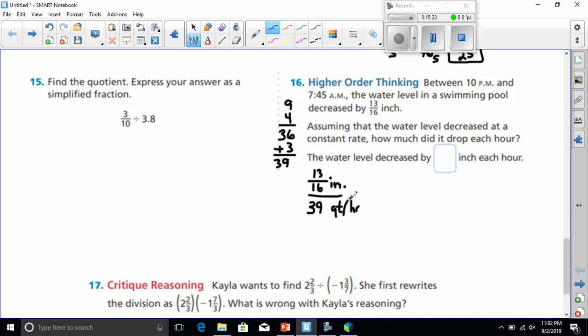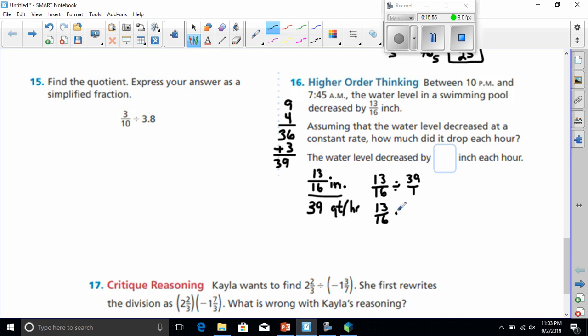Okay, and now we have our two numbers that we can work with. Again, this is a division, a complex fraction, because we have a fraction in a fraction. This is really 13 over 16 that we're dividing by 39 over 1. Now we use the KFC method. That's going to be 13 over 16. Keep the first one the same.